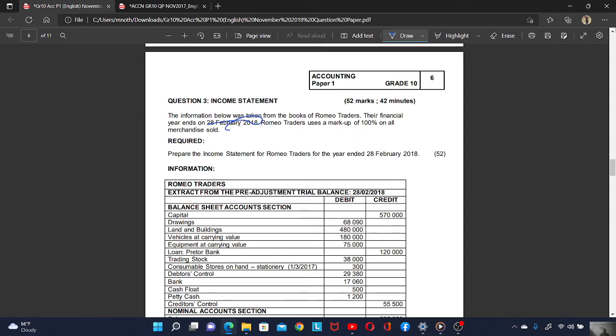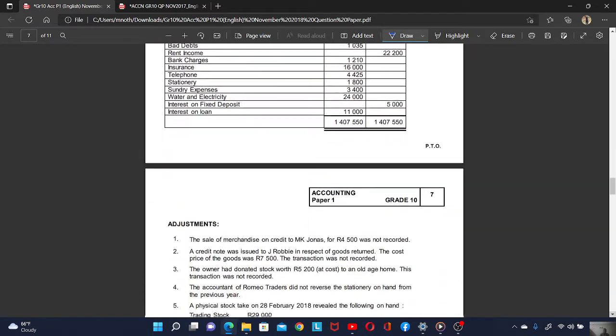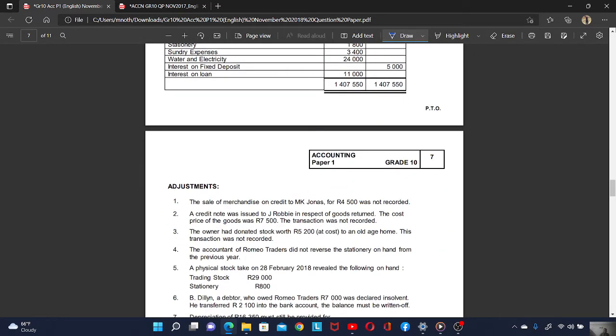Okay. And then the rent income is 22,200.